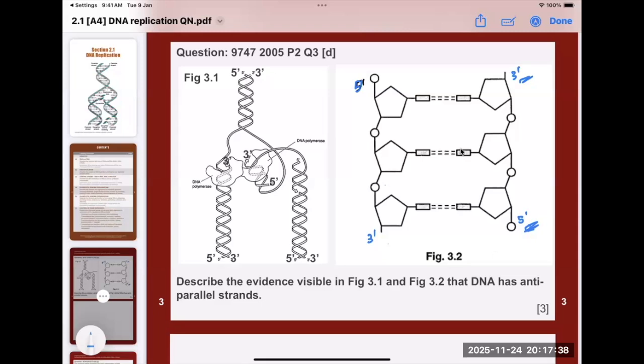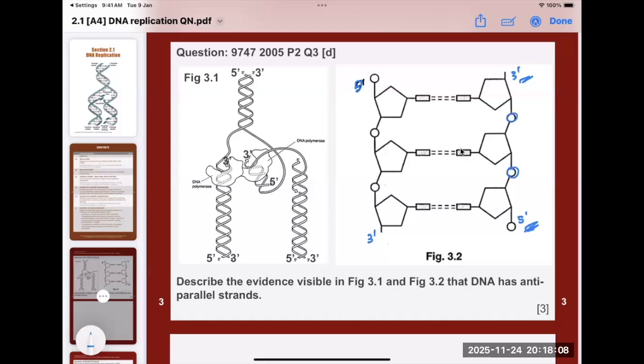Evidence, that means what tells you. Isn't it just the 5 prime and 3 prime part? How do you know that the 5 prime is there? Because it's where the phosphate is. Okay, where the phosphate is, but there's a phosphate here also.